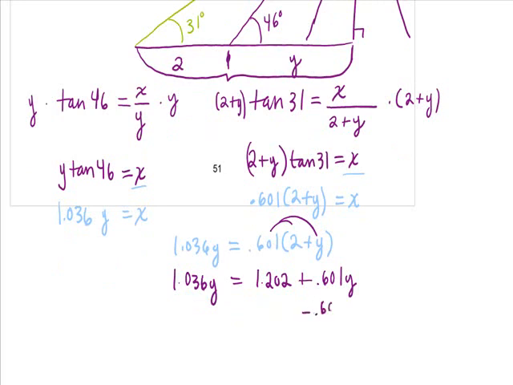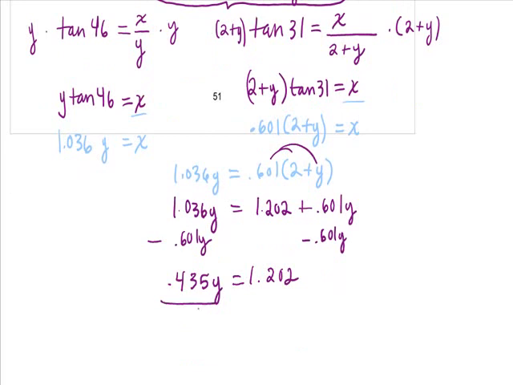So minus 0.601y minus 0.601y, and we get 0.435y equals 1.202. Now go ahead and divide. And we get 2.763.